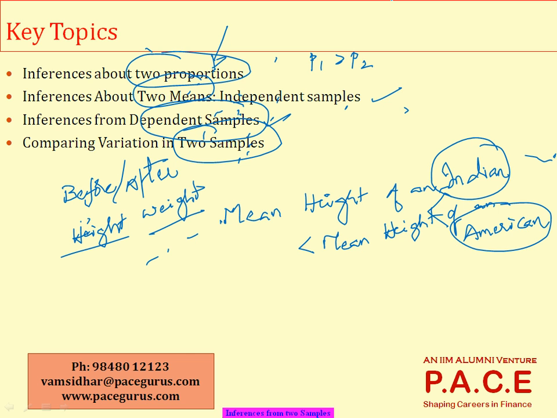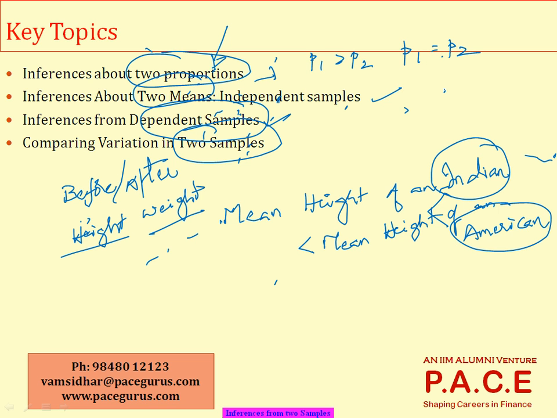But in all these cases, remember the simple fundamental for you to understand is, first create the null hypothesis. In all the null hypotheses, if I am talking about the proportions, my null hypothesis always is that the proportions are equal, because the null hypothesis should contain equality, or greater than or equal, or less than or equal.